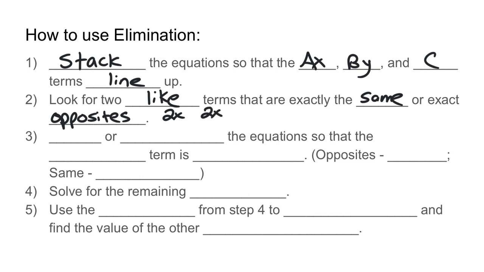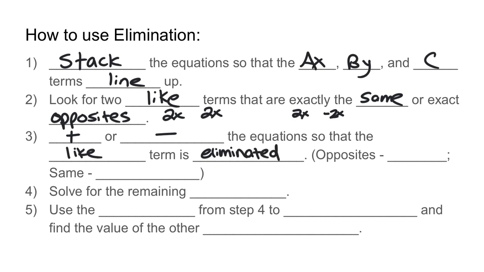Those are the same. Exact opposites would be like 2x with negative 2x. Those are exact opposites, but they're still like terms. Once you've identified that, that's going to be the term that gets eliminated. So then you have to figure out whether you need to add or subtract the equations so that the like term is eliminated or canceled.